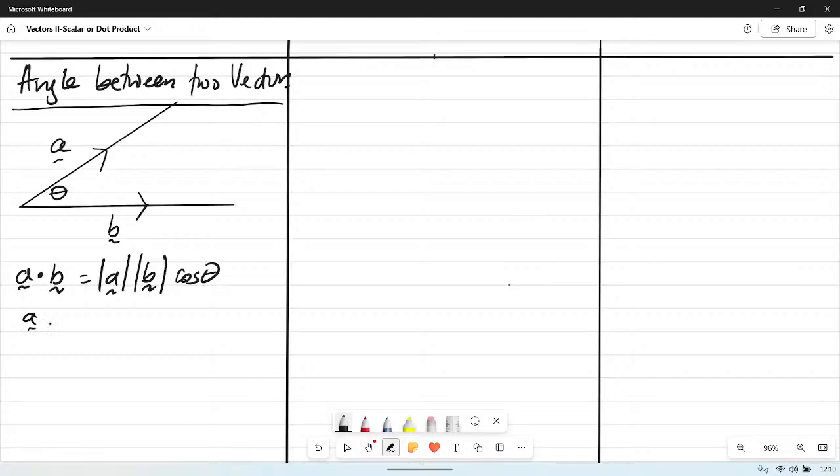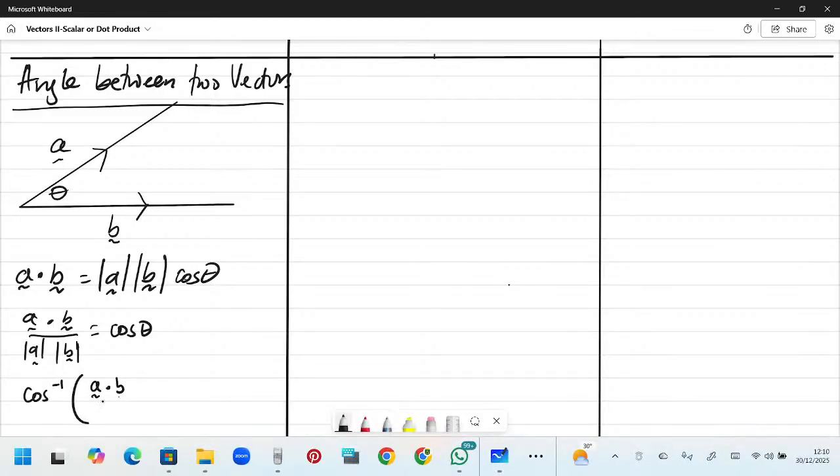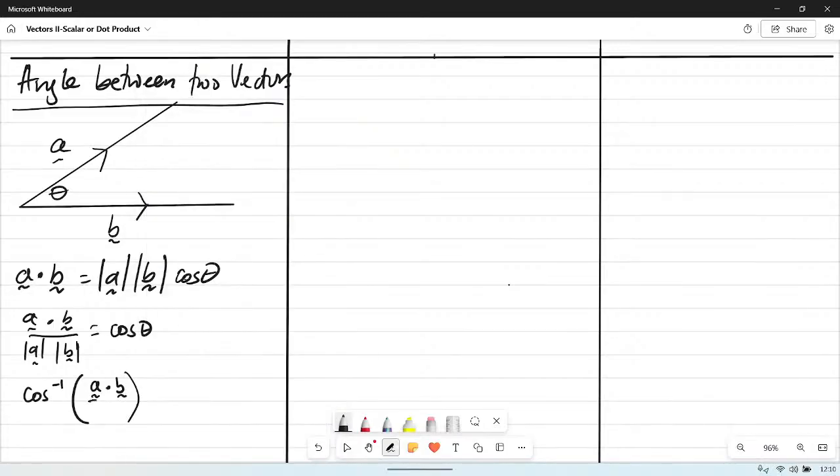Vector A dot vector B all over the magnitude of vector A and the magnitude of vector B. This is going to be cos theta, right? And you want to make that the subject. So cos inverse of everything, A dot B over magnitude of A and magnitude of B, becomes the angle, the value of the angle between them. Are you okay?